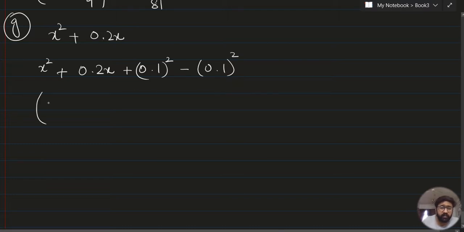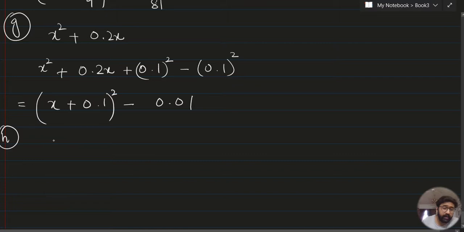So the first three terms are making an identity over here. So x plus 0.1 whole square and minus 0.1 whole square. So 0.1 whole square is going to give us 0.01.